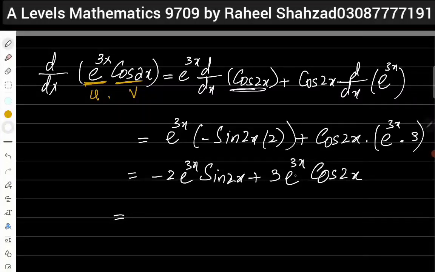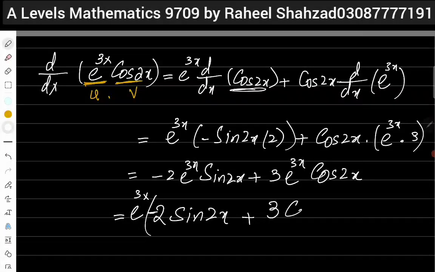Definitely we can take e^(3x) common, so it's e^(3x) times (minus 2 sin 2x plus 3 cos 2x). Now this is your answer.